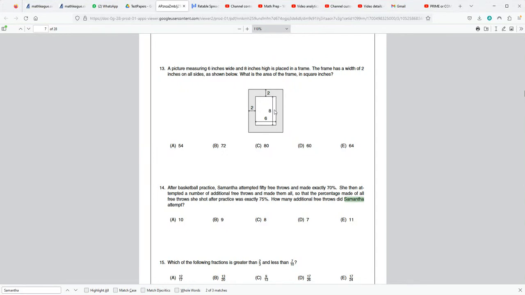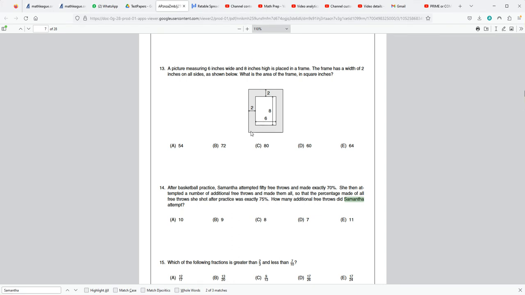So that's one side, but then we also need to calculate the width: 6 plus 4 again is 10, so 10 and 12. 10 times 12 is 120. Then 8 times 6 is 48.